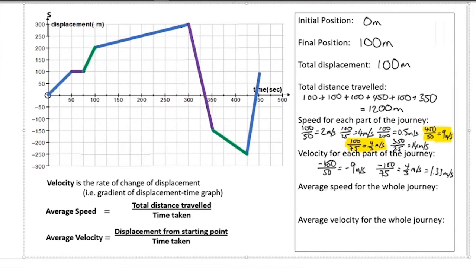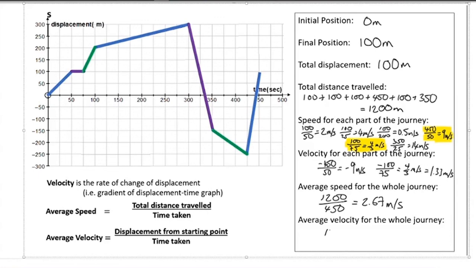Okay, and then just to finish off with the average speed and the average velocity. With speed, the numerator needs to be the total distance travelled, while the average velocity is just the total displacement. So in this instance, we're going to have 1,200 over 450, 2.67 meters per second.